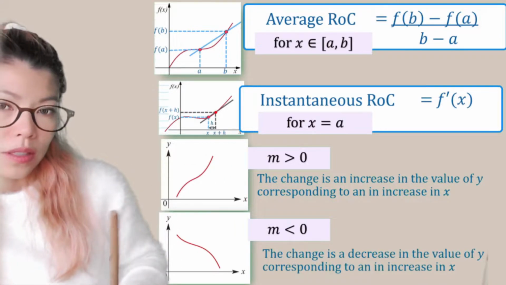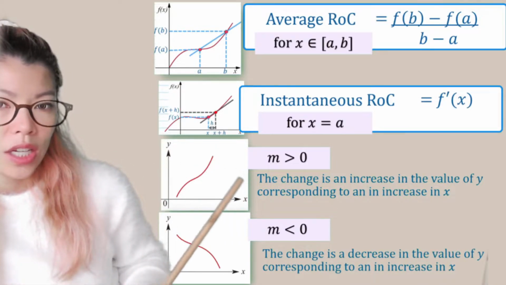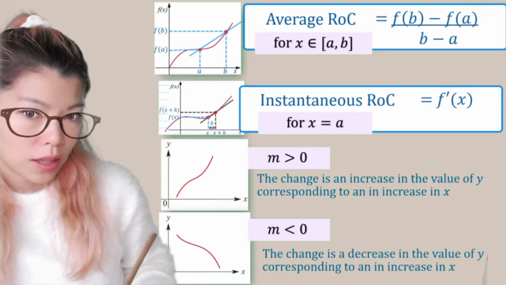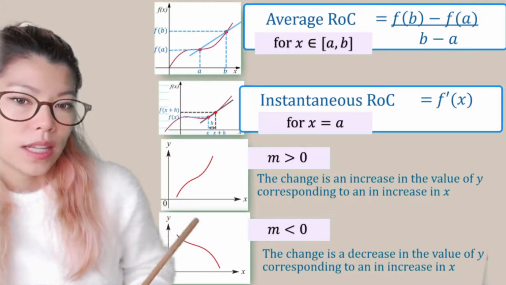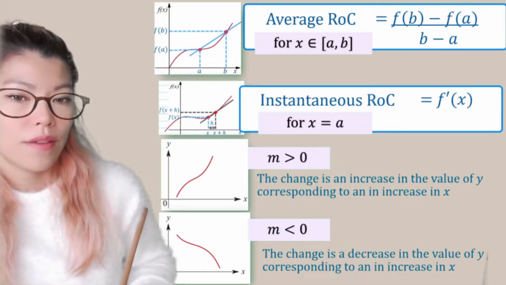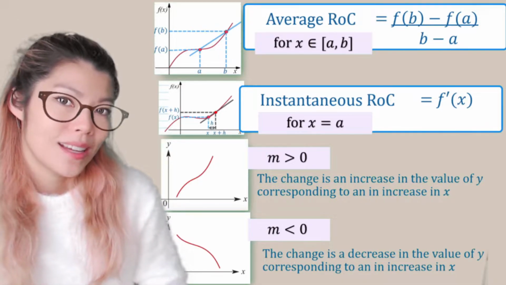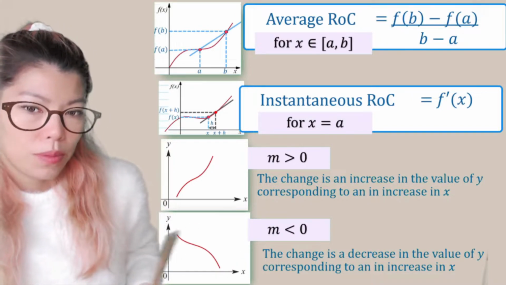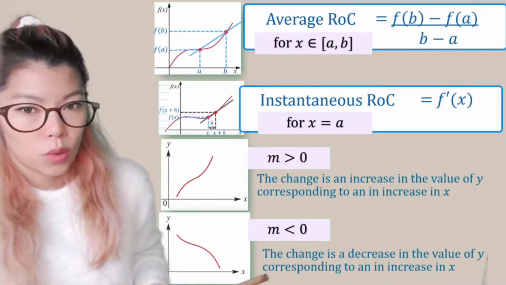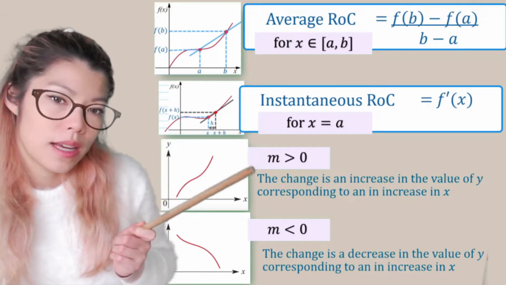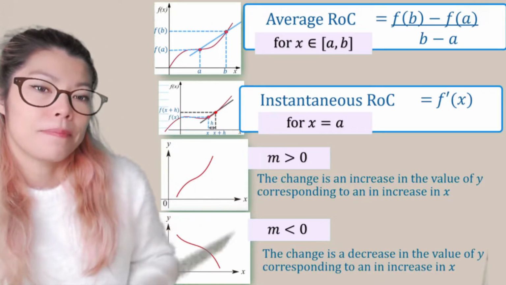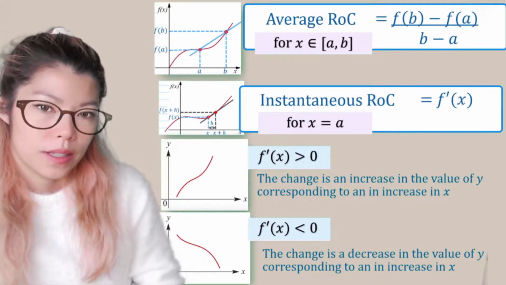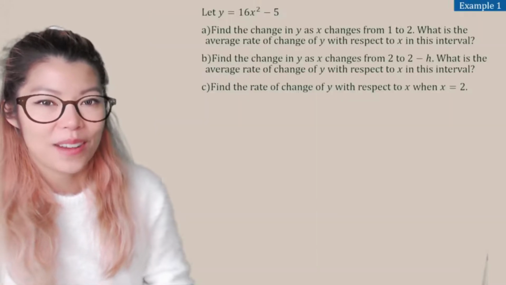For positive graphs, we said the change is an increase in y value corresponding to an increase in x value. For negative gradient, we said the change is a decrease in the y value corresponding to an increase of an x value. What does that mean? As you go bigger in x, the y gets smaller. And for this one, as you go bigger in x, the y gets bigger. And again, we use that symbol because that's what we use for gradients now.